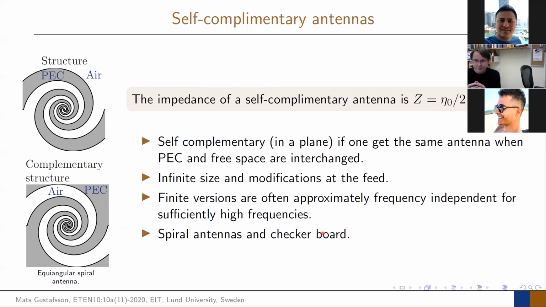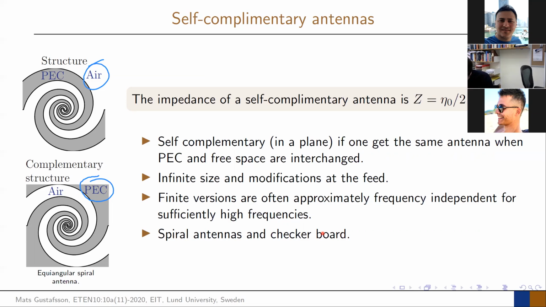So this spiral antenna here to the left is self-complementary. What that means is, again, that I have metal here, I have air here. If I take this picture and change white to gray, I basically get the same geometry again. I might turn it, but I don't really change the properties of it. That means it's self-complementary.